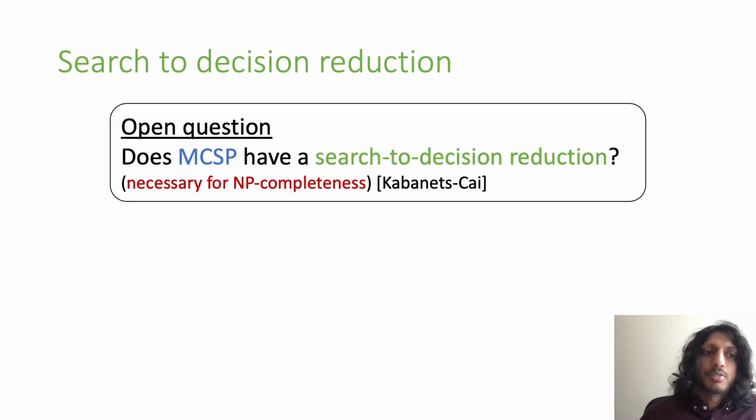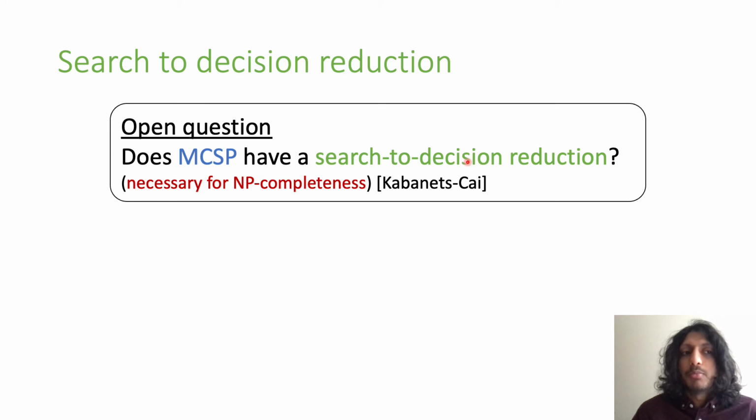In particular, it's been an open question for about 20 years now whether or not MCSP has a search decision reduction. And the interest in this is motivated by NP completeness. Since SAT has a search decision reduction, that is, if you can solve the decision version of SAT, you can solve the search version of SAT, every NP complete problem also has to have a search decision reduction.